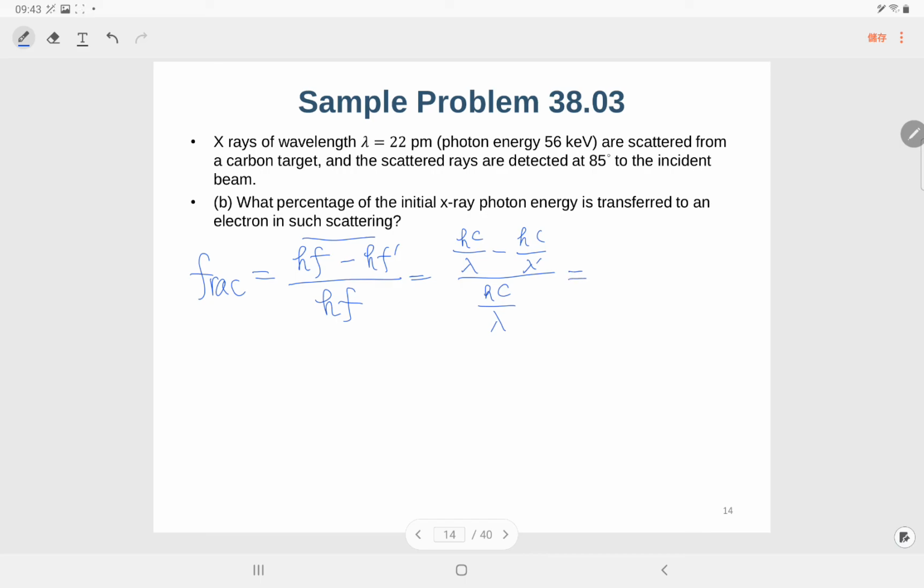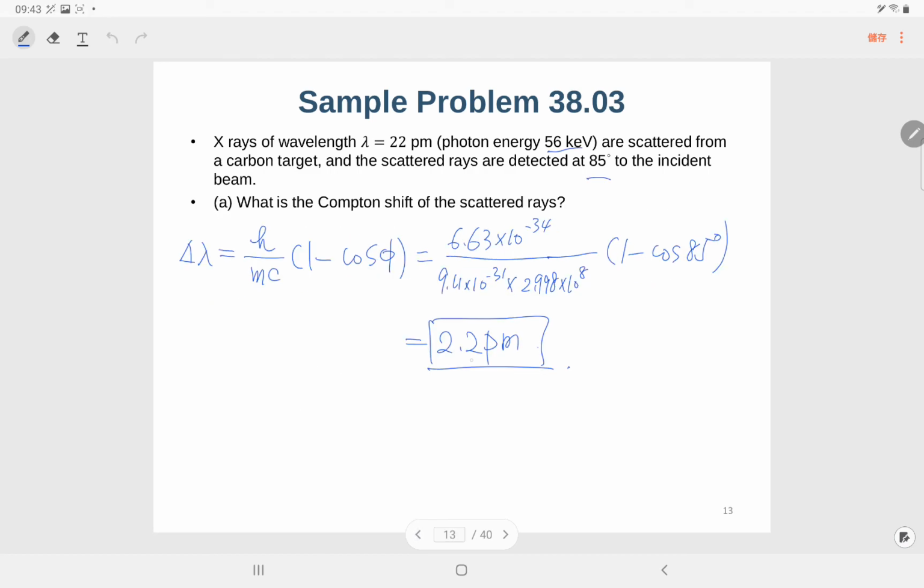So it is somehow like lambda prime minus lambda, which is delta lambda, over lambda prime. So in the previous one, we know that delta lambda is 2.2.